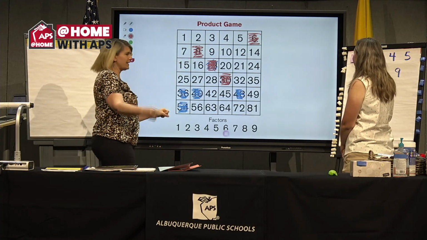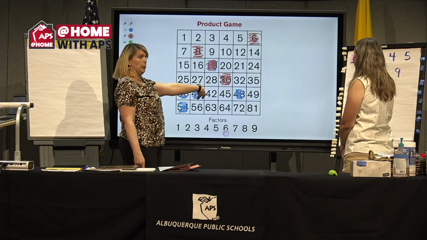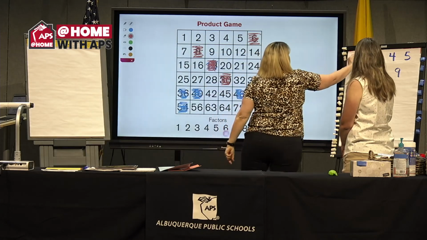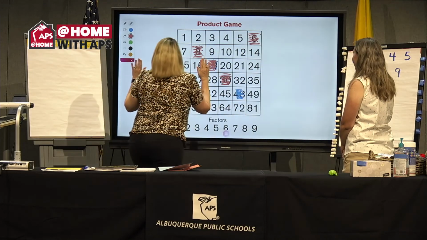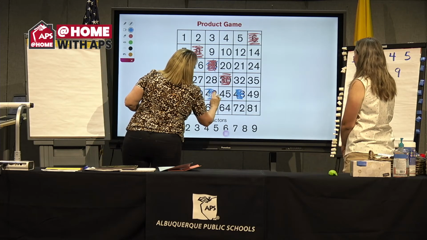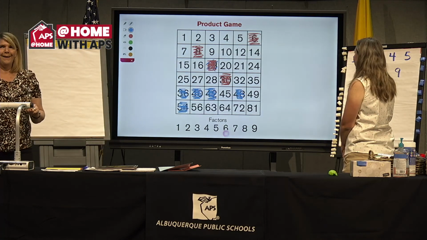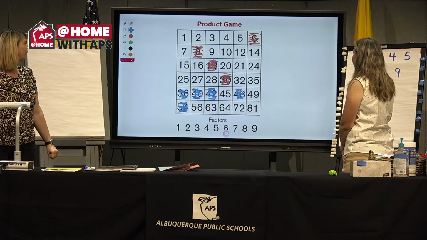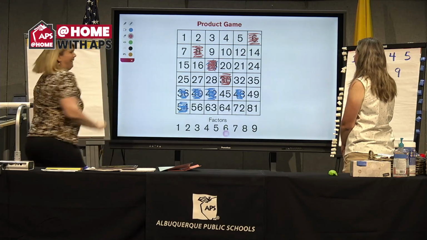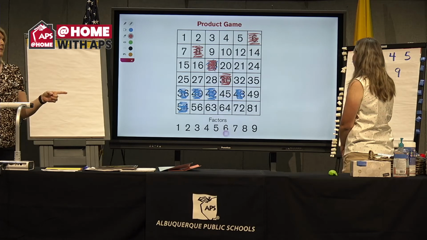I'm going to use the 6 because I'm thinking I can go to that 42, and I know 6 times 7 is 42. I'm very, very close, guys. She's got to figure out a way to block me. Almost there. What do you think? Okay, let me change the color. She's got to use a 6 and a 7 somehow in there.